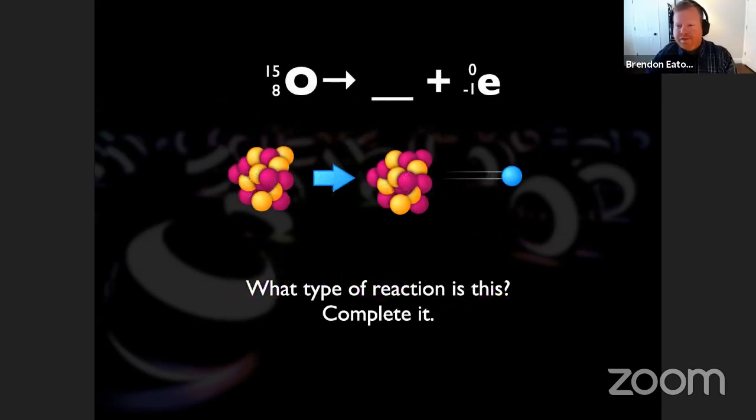All right, here is a question for you. If you have oxygen and it undergoes some type of reaction that gives off an electron, what type of reaction is this? How would you complete that? The way you would complete this is, I know what fits inside the blank, the mass number can't change because the mass of the electron is 0, but the atomic number is going to go up by 1.